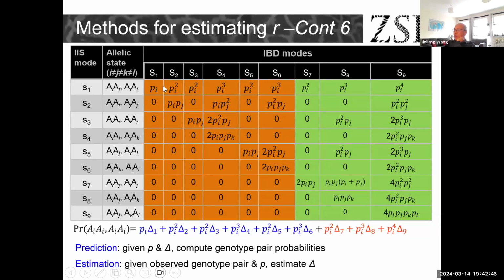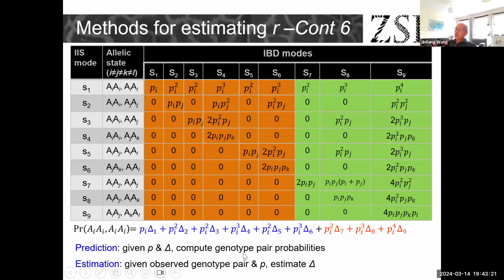And if you make a product between IBD coefficients and these coefficients, we get the probability of the occurrence of this genotype pair, which is here. So the first 6 terms involve inbreeding, while the last 3 terms are the case when there is no inbreeding. So they sum up to give this probability.